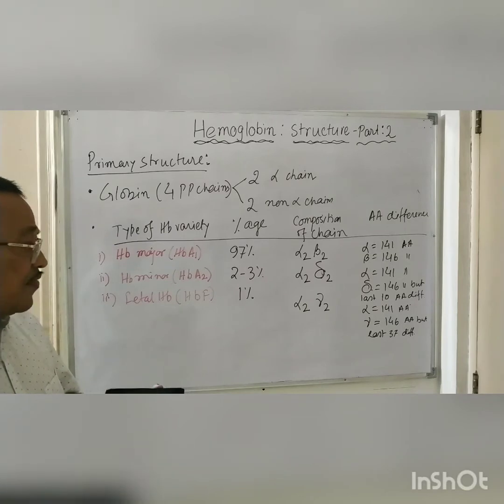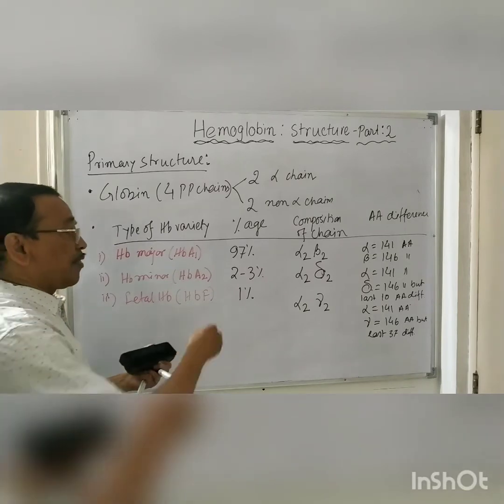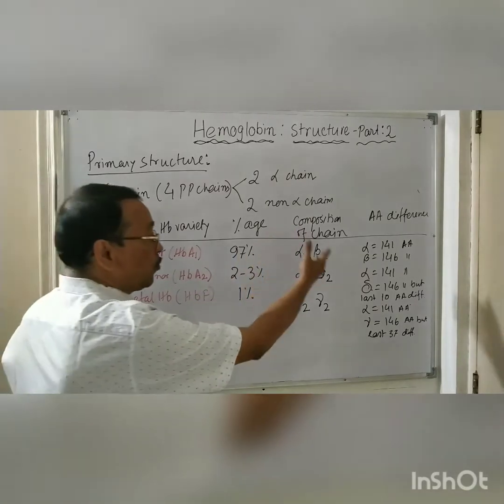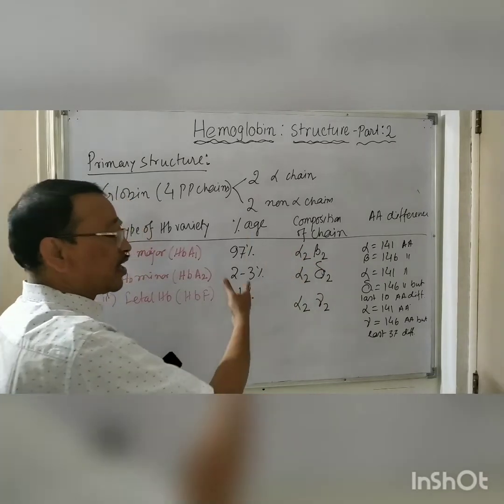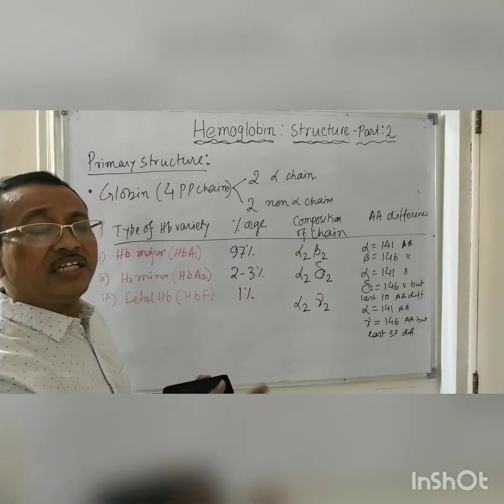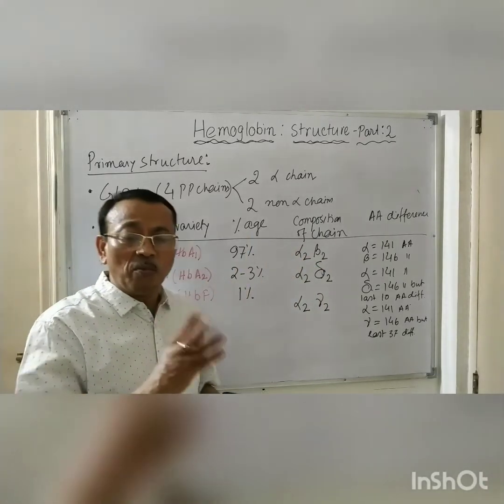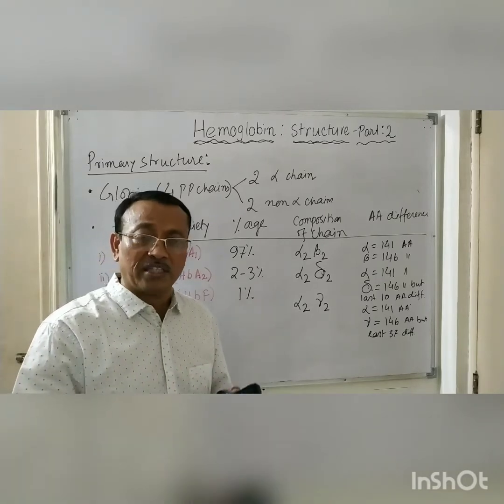So this is about the compositions or varieties of hemoglobin present in human beings at the time of birth.